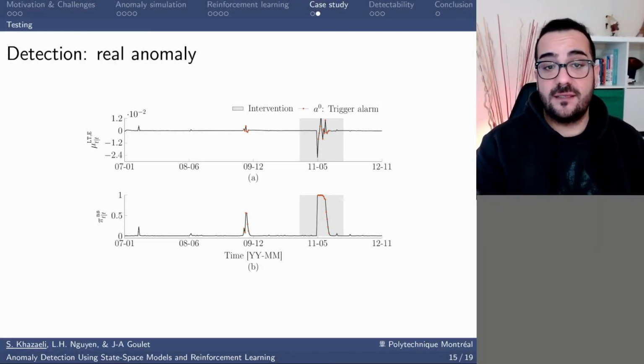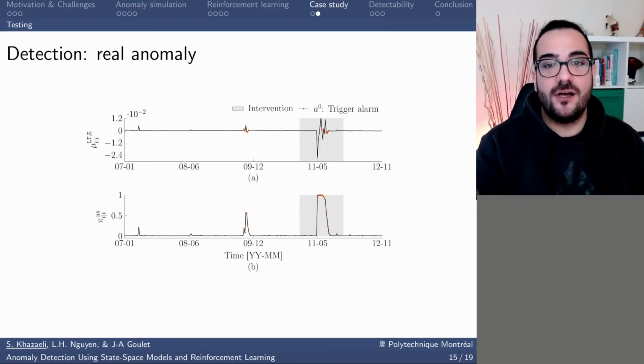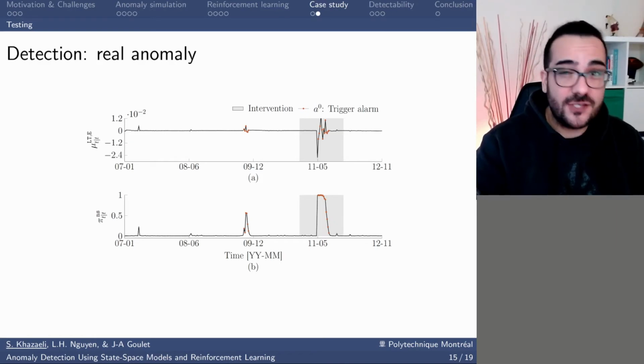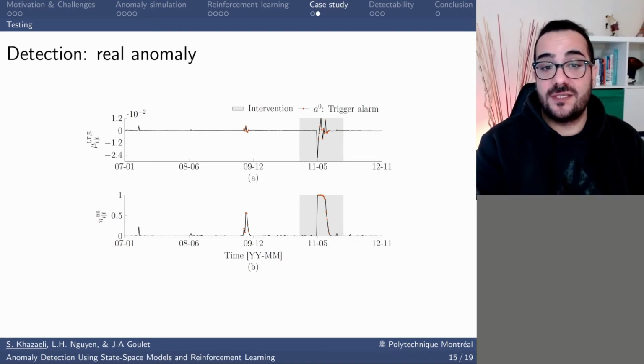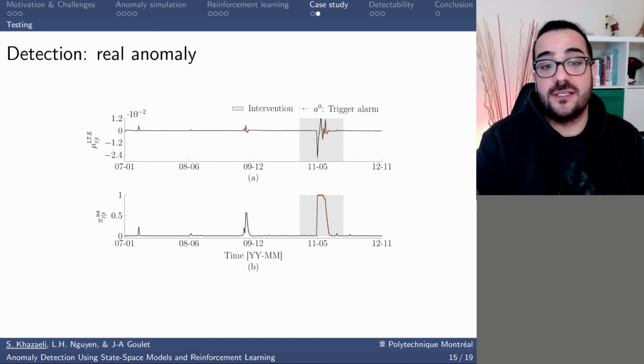Okay, we tested the policy map on the real time series data collected on the bridge. The top figure is the mean trend, and the bottom one is the probability of non-stationary regime. The shaded area corresponds to the time when there was an intervention on the bridge. The red dots on the figure show that the agent triggered the alarm. For the rest of the time steps, the action is do nothing.